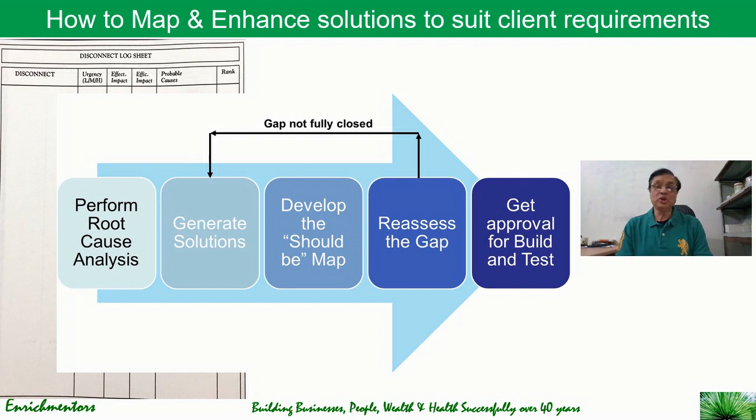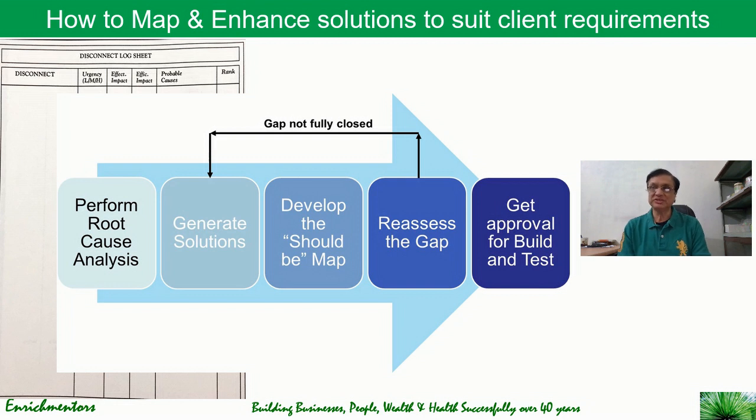Once we have done the root cause analysis, we generate solutions which will eliminate those root causes so that the disconnects are eliminated, the process performance can improve, and the client can start realizing greater value from his or her processes.